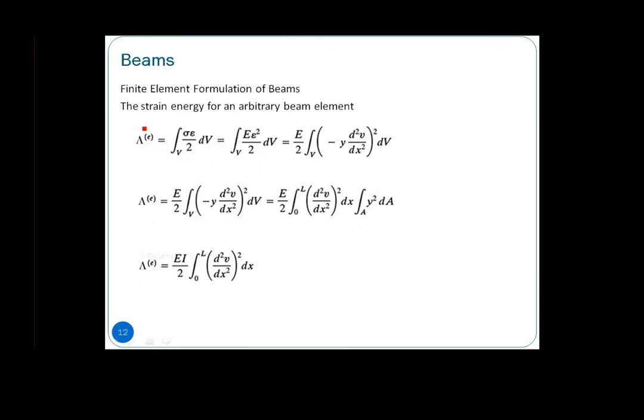Then probably now we want to use the energy methods. If you remember, we need to find the strain energy and also the work done by the loads. Then we minimize them, we get the minimum. The difference between these two is what we call the potential energy. So we minimize this potential energy by finding the derivative. Then we set it equal to 0.